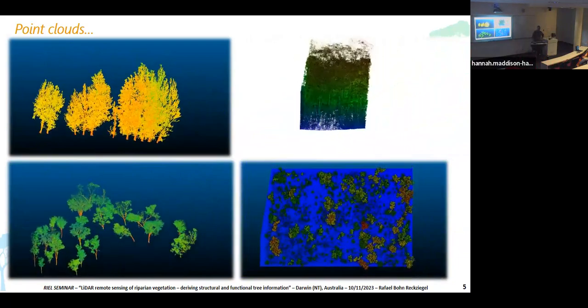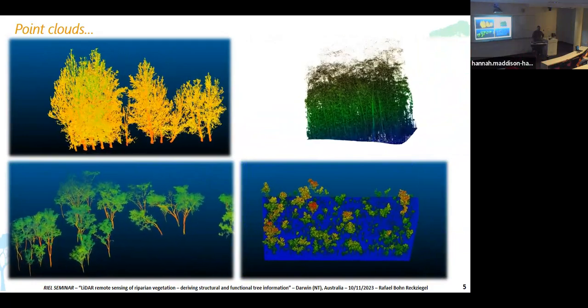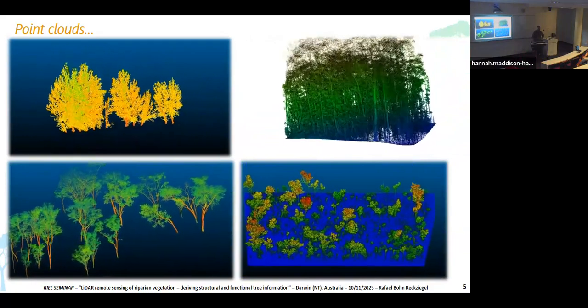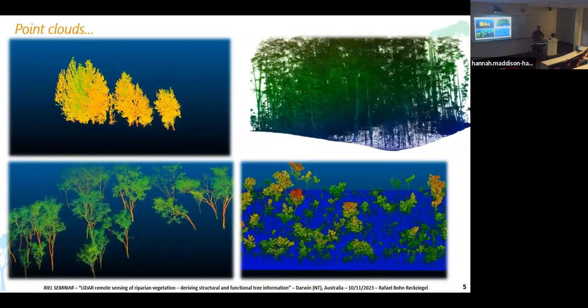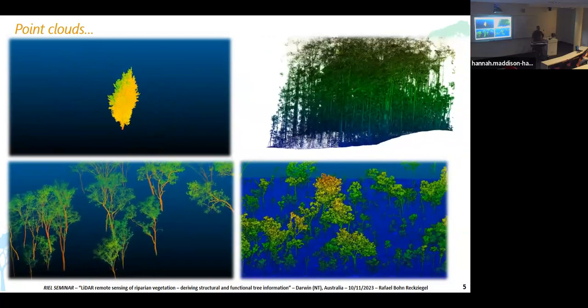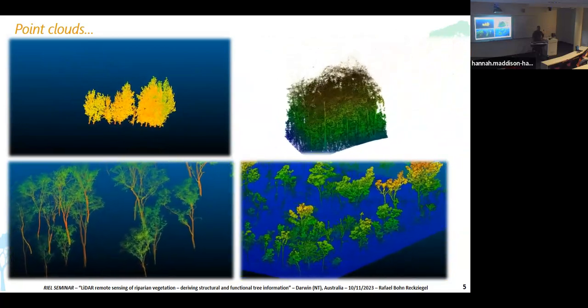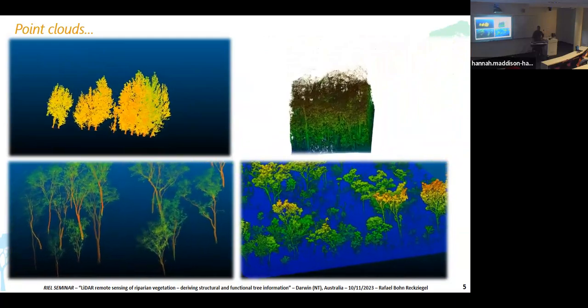Just building on that, because you said there's a difficulty distinguishing between leaves and the woody material. If you got dual wavelength, there might be a better chance to separate them out. That could be the case, but you don't get terrestrial LiDAR sensors with multiple wavelengths at the moment.